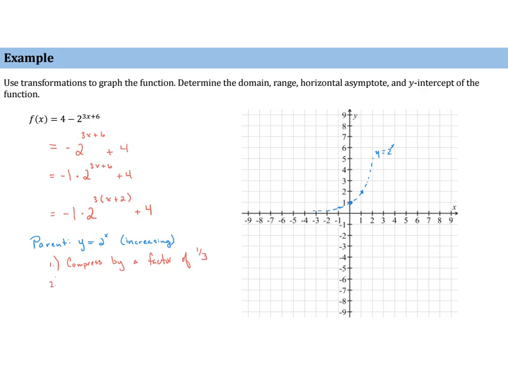Then we move left 2 units, and now the -1 means that we are going to reflect it, and that's a reflection about the x-axis. It's a vertical reflection. And then the addition of 4 means we're going to move it up 4 units.